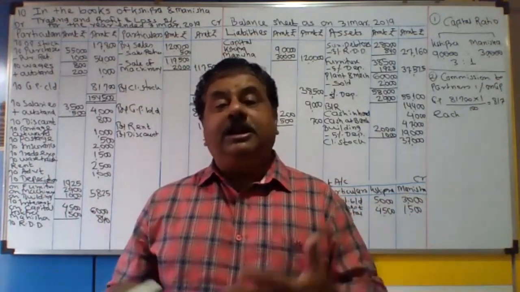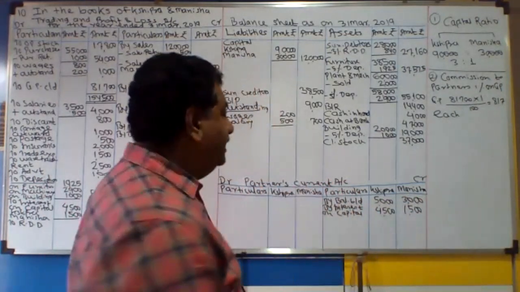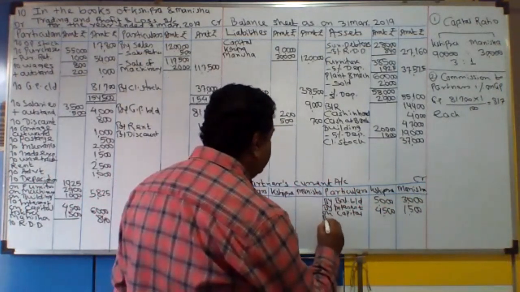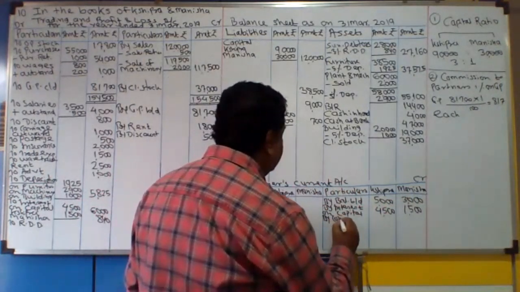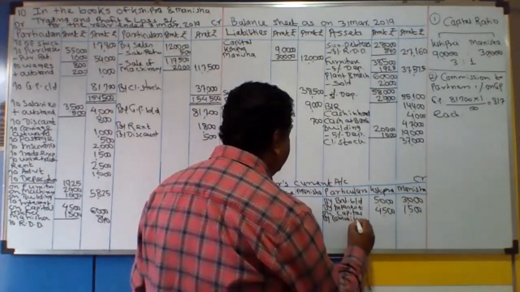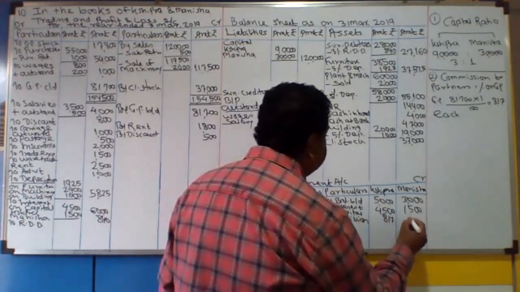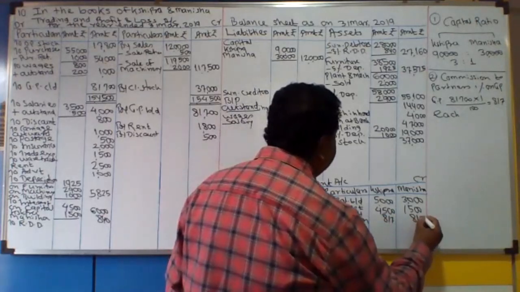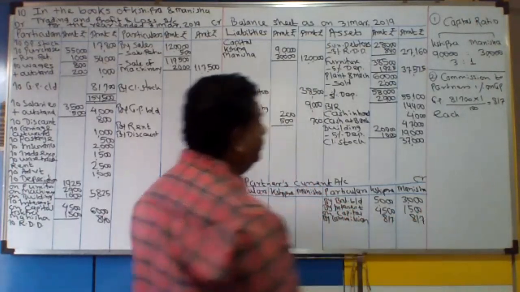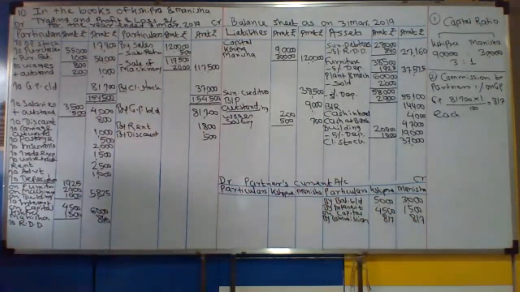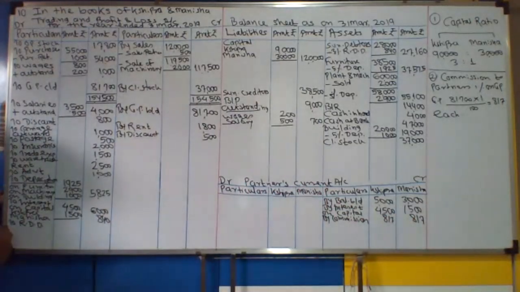So after calculation of the commission, effects are current account credit, by commission, current account credit. In the column of Shipra 817, Manisha 817, both are getting the same amount. And profit and loss account debit side, to commission.